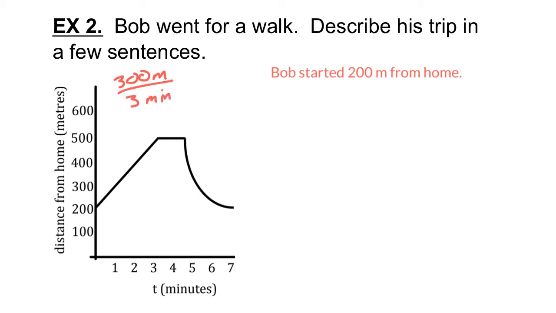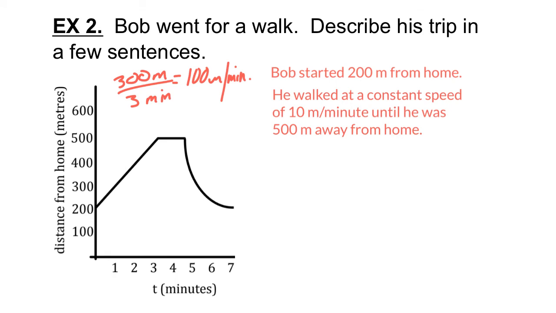Well, if he's going 300 meters in 3 minutes, 300 divided by 3 gives us a speed of 100 meters per minute. So I can update my description to include this. He walked at a constant speed of 100 meters per minute until he was 500 meters away from home.